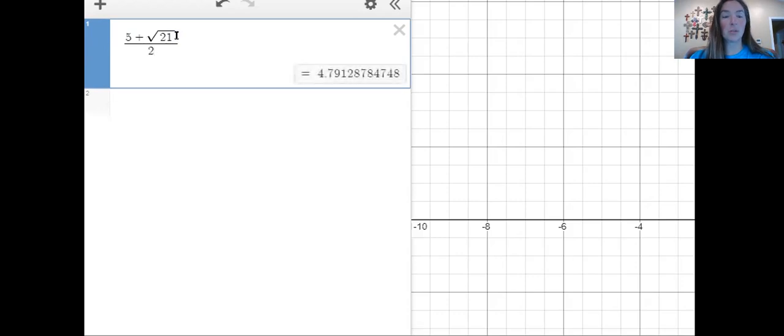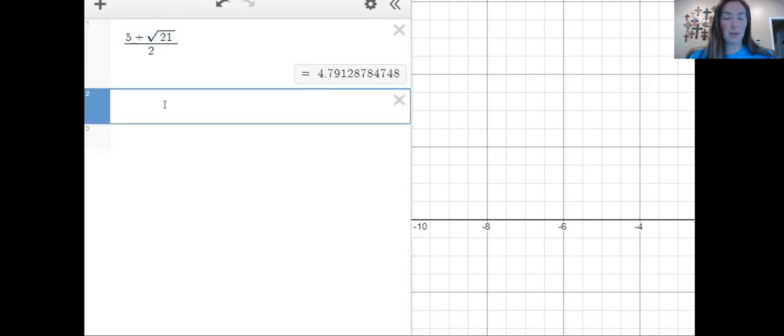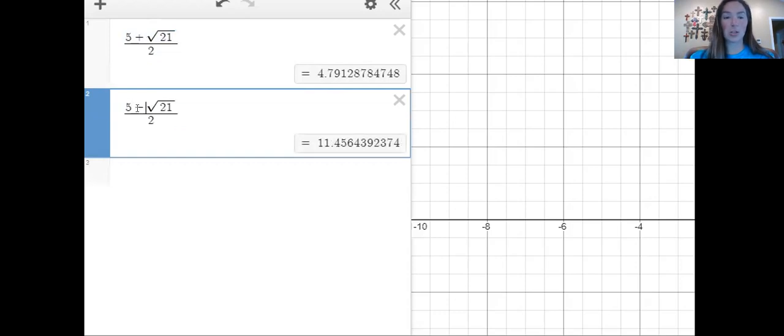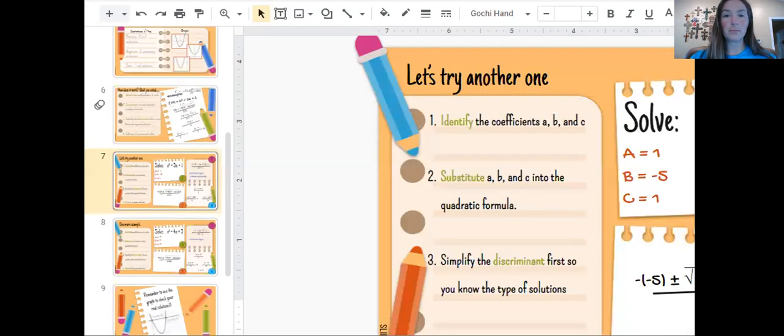And we said that's supposed to be divided by 2. So I get 4.79 for the first one. And then you can copy the whole thing and put it into the next one and just change this to our minus. 5 minus the square root of 21 over 2. So my 2 answers are 4.79 and 0.21.